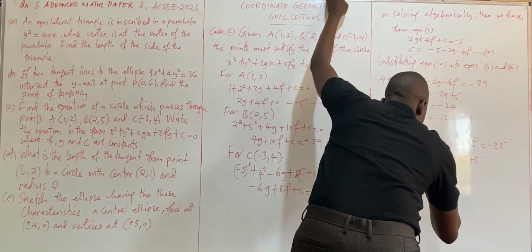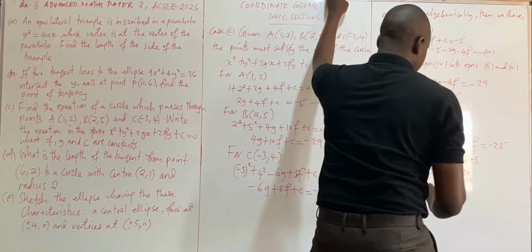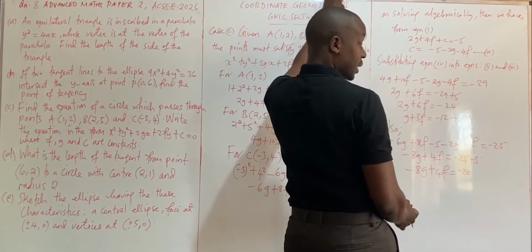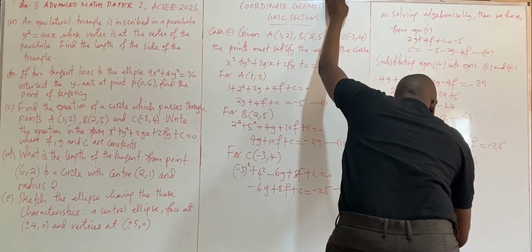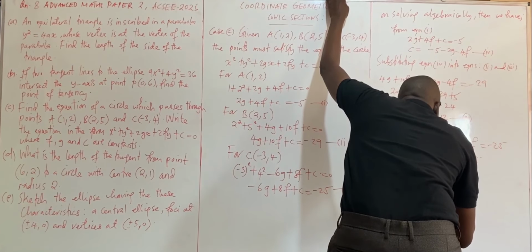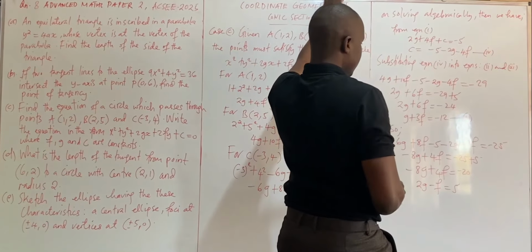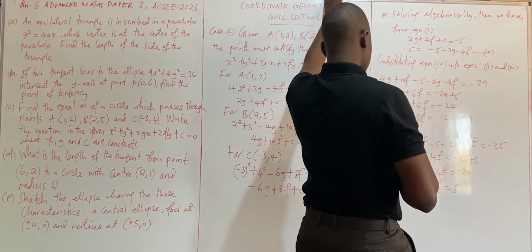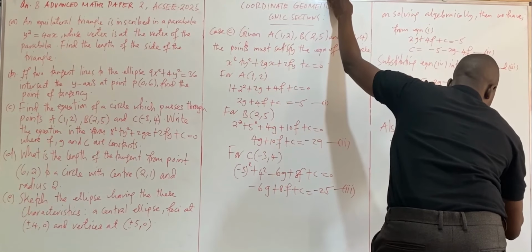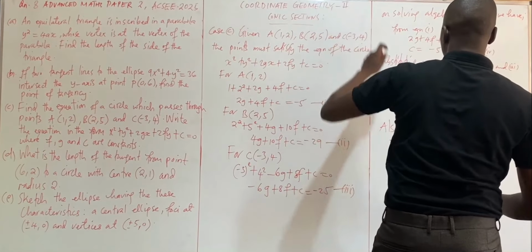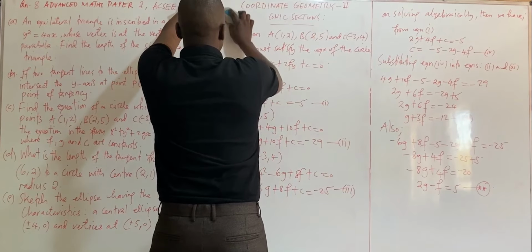So here we end up getting -8g plus 4f equals -20. If we divide by -4, because 4 is the common factor at every term, we end up getting 2g minus f equals 5, positive, because -20 divided by -4 is 5. So that is how we get this, and we label it as equation 2. Now on solving algebraically again, equations 1 and 2, what exactly do we have?